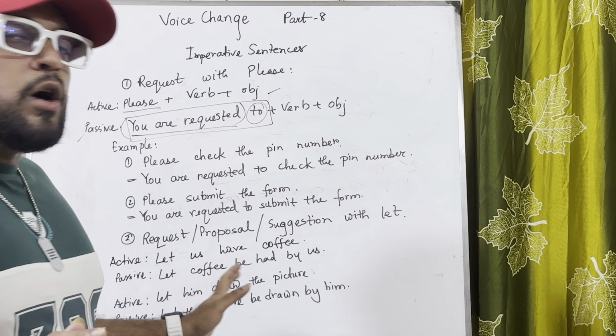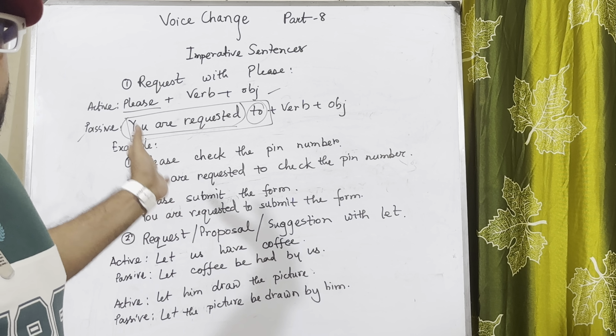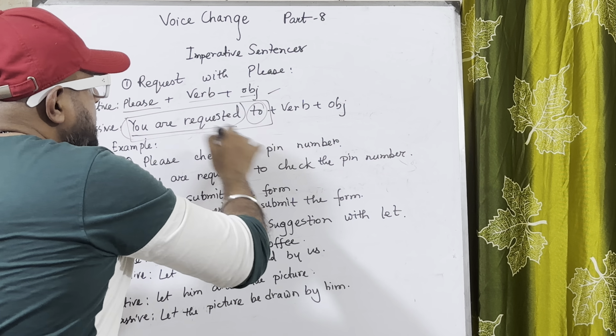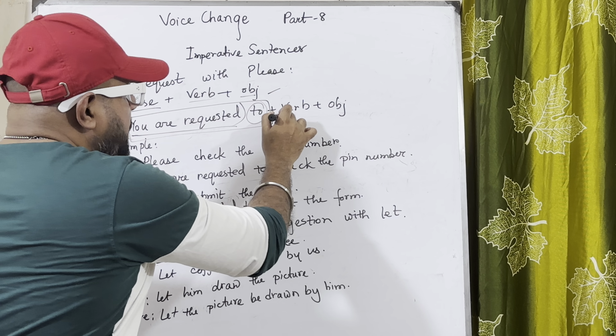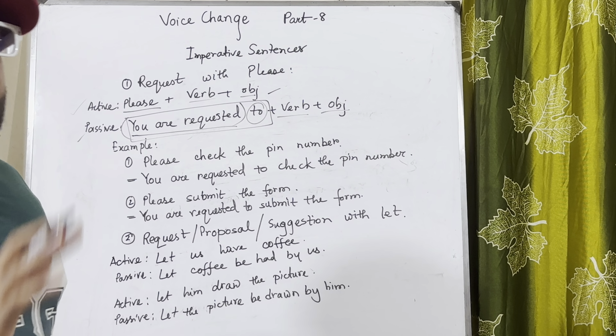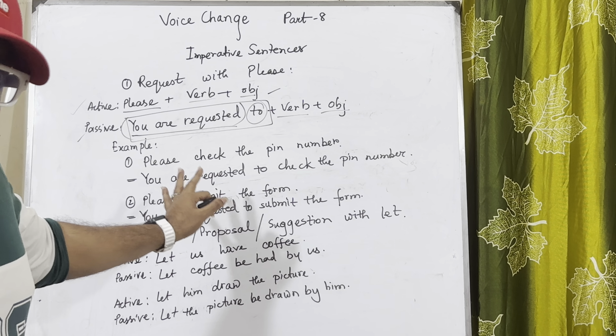And there is no use of please in the passive sentence. And then verb and object, you need to use verb and object just as given in the active sentence.